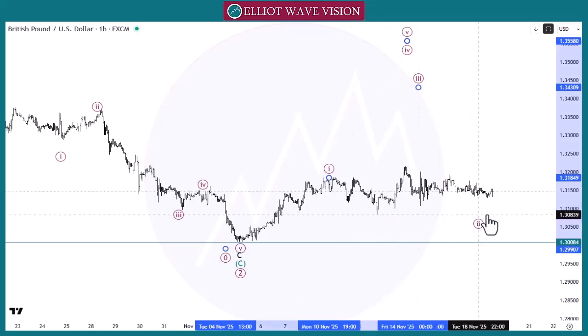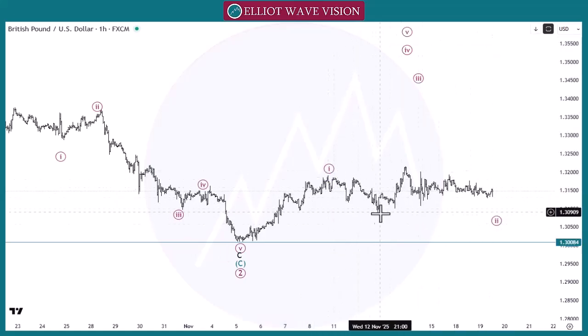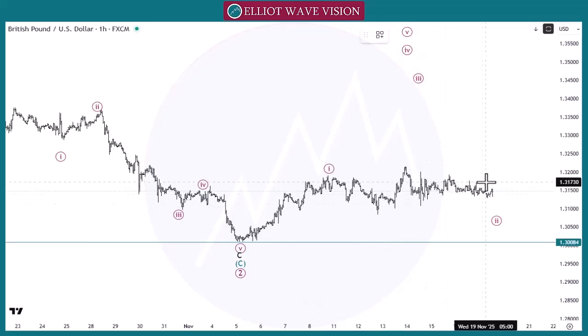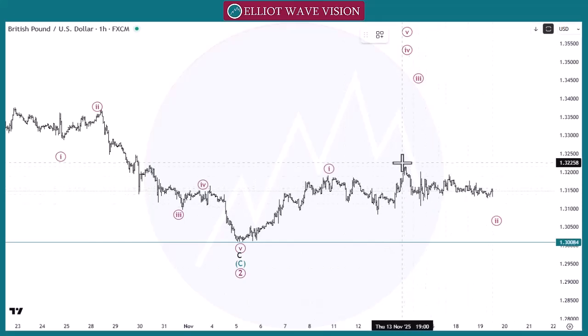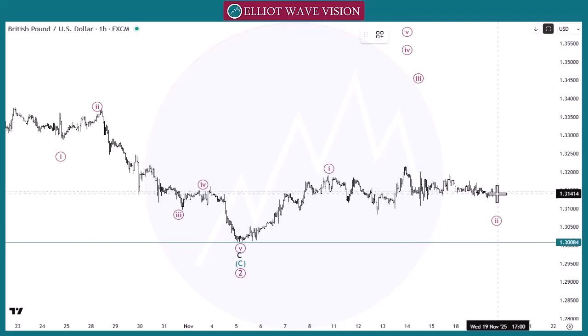So now wave A, wave B, A, B, C, A, B, C, wave A, B, and now the market gives us the wave A, wave B as a triangle, or wave A, wave B, and now we are waiting for this correction to complete. Then we need to wait for the impulsive move and its correction.